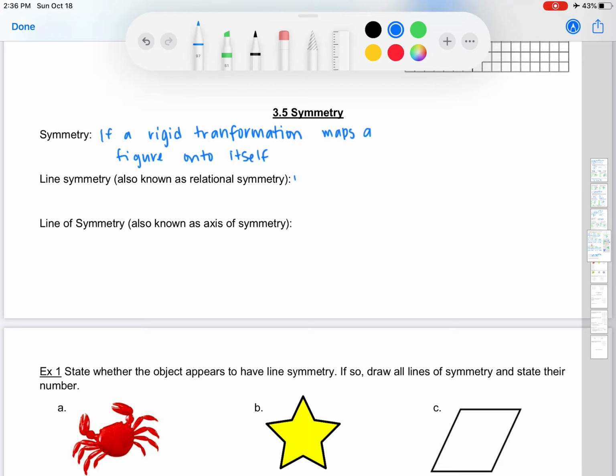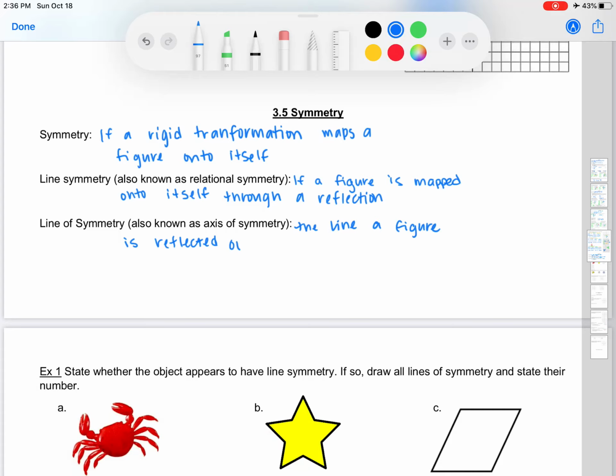Line symmetry, which is also known as reflection symmetry, is if a figure is mapped onto itself through reflection, and line of symmetry, also known as the axis of symmetry, is the line the figure is reflected over if symmetric.